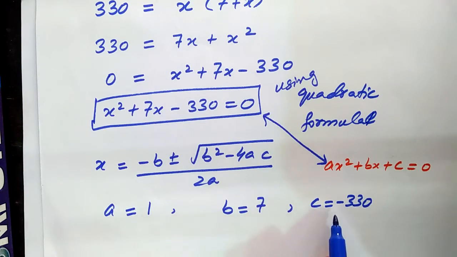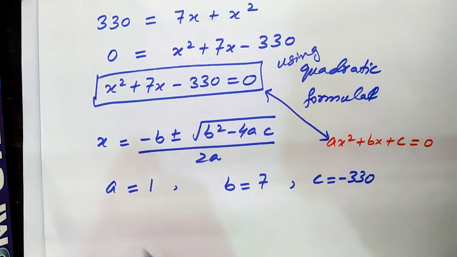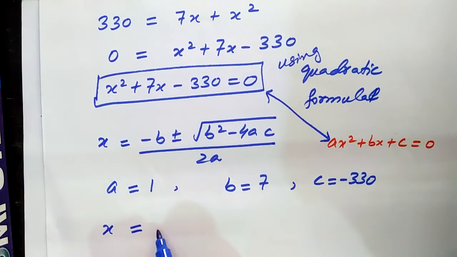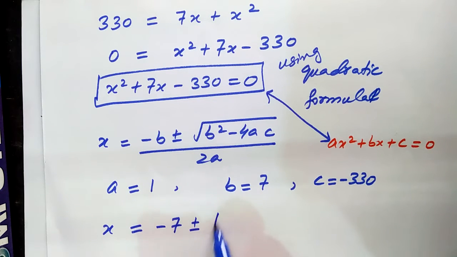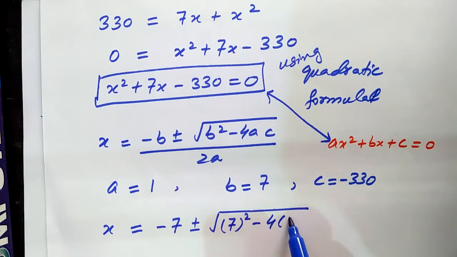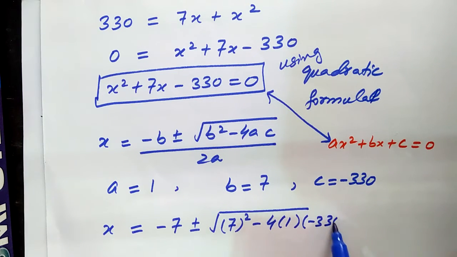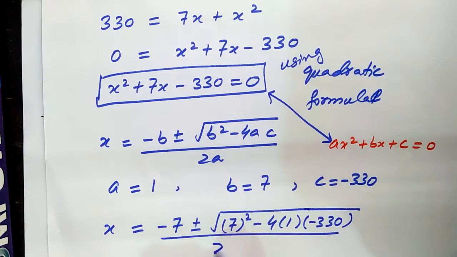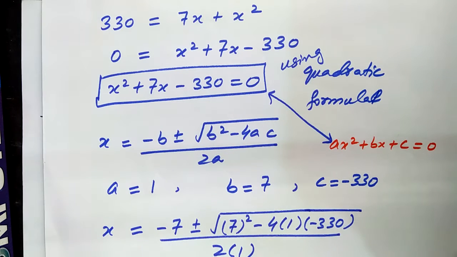Now I will use these values in the quadratic formula and I will get x equals minus 7 plus minus square root of 7 square minus 4ac divided by 2a. So now I will solve it in order to get the values for x.